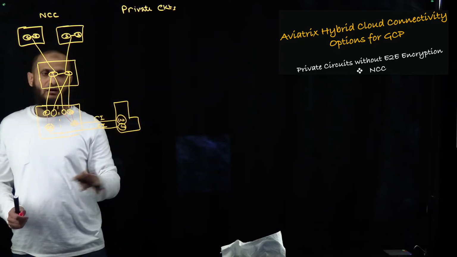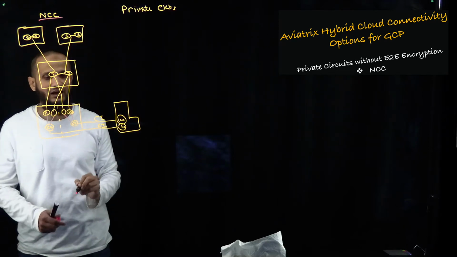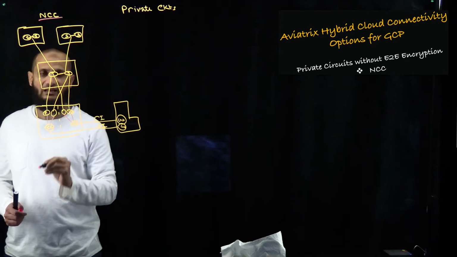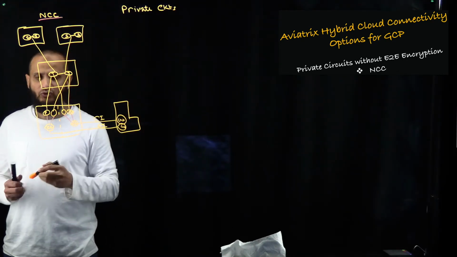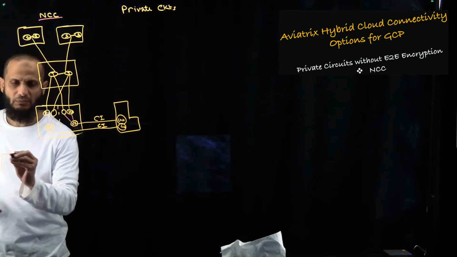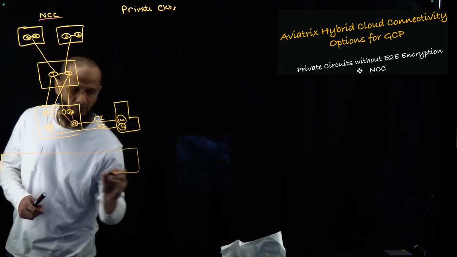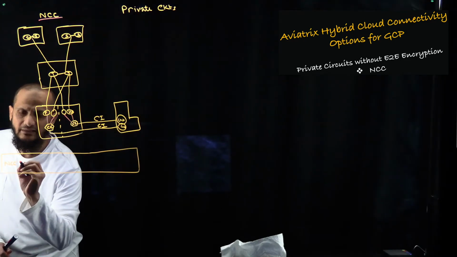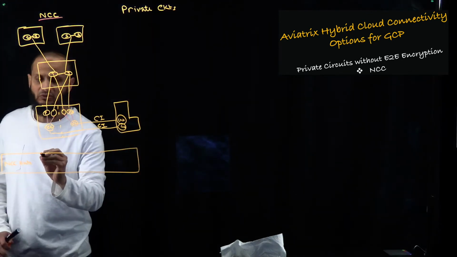Since this entire architecture is based on the NCC that we are discussing right now, NCC has a little bit different rules. NCC has its own concept of spokes, so let's draw those out over here as well. First, you have to create the NCC hub, right? Let's say you have already created the NCC hub, and now we need some spokes.